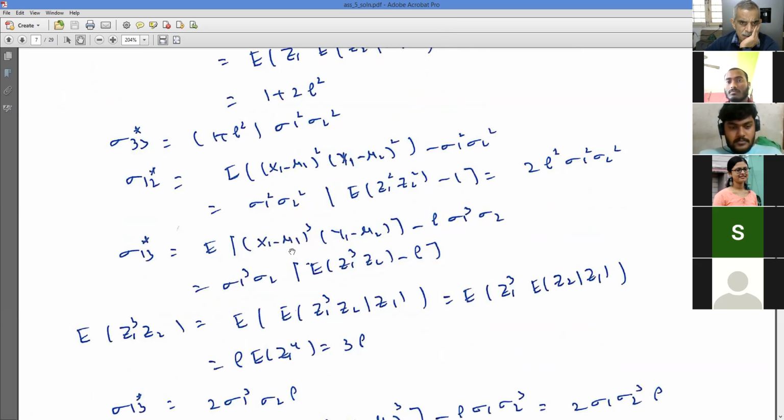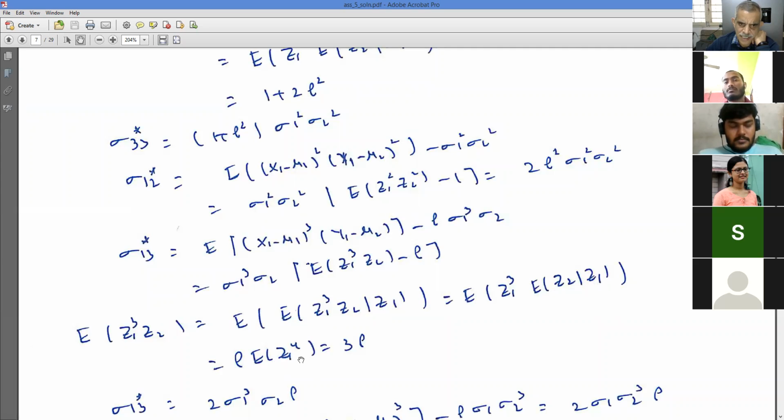We have seen before, expected of (x1 minus mu1) whole cube, (x2 minus mu2) minus rho sigma 1 cube, sigma 2. This is Z1 cube, Z2 and sigma 1 cube, sigma 2. So sigma 1 cube, sigma 2, Z1 cube, Z2 minus rho. So I again find out what is expected of Z1 cube, Z2, which is expected value of Z1 cube expected of Z2 given Z1. Expected of Z2 given Z1 I know is same as rho Z1.